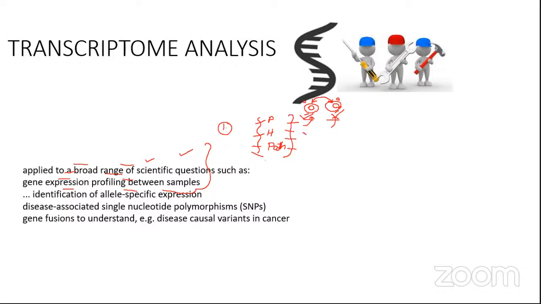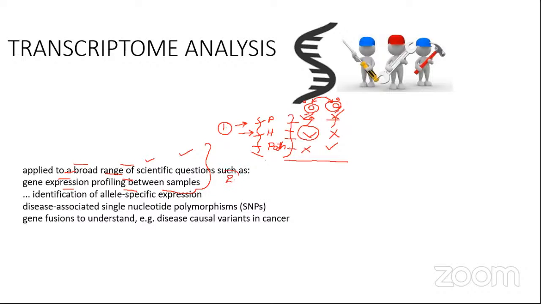Some might be present over here, some might not. It means they are specific to this particular organ or tissue, and vice versa. This is one application of transcriptome analysis. We are trying to understand the gene expression in different organs or tissues.